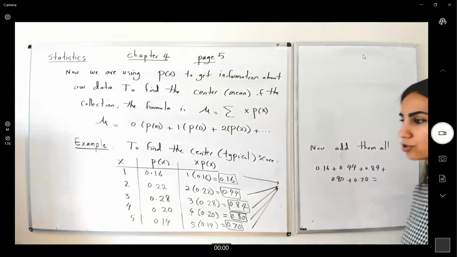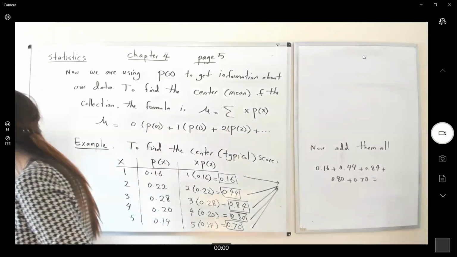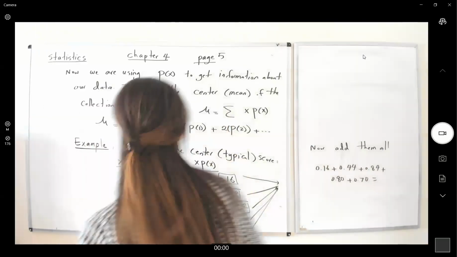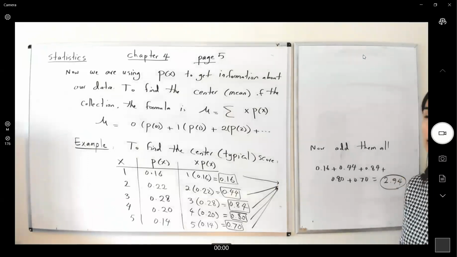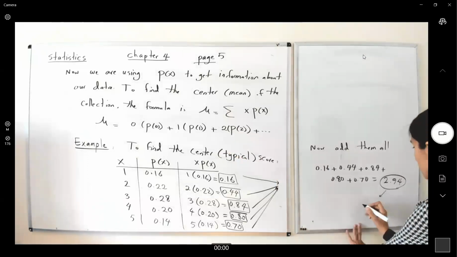If you add these together, the sum is equal to 2.94, which is a typical score for the center of the collection of the data that you have. Center or typical score.